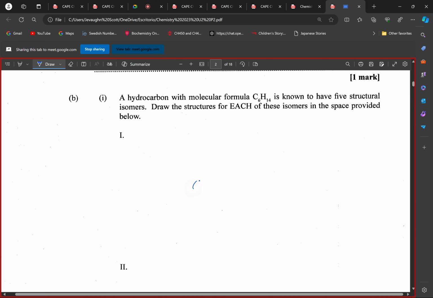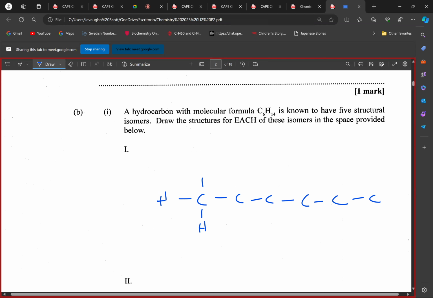So let's see this now. That is 1, 2, 3, 4, 5, 6. Could we agree that in its regular chain form it is an isomer? Basically, the molecule in its regular chain form is an isomer, right? We can count that as an isomer, yes?